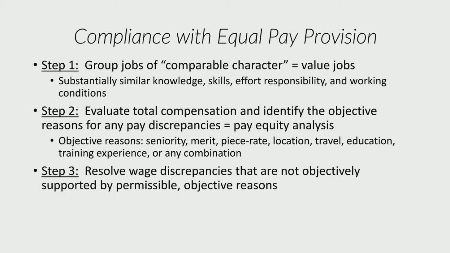So being able to identify the objective reasons for the pay discrepancy. And that's what's called a pay equity analysis. And as we talked about earlier, the objective reasons would only be the 7 reasons that were identified. Once we identify that there is a comparable job, there is a difference in salary that cannot be supported by objective reasons, now we have to resolve the pay discrepancy.